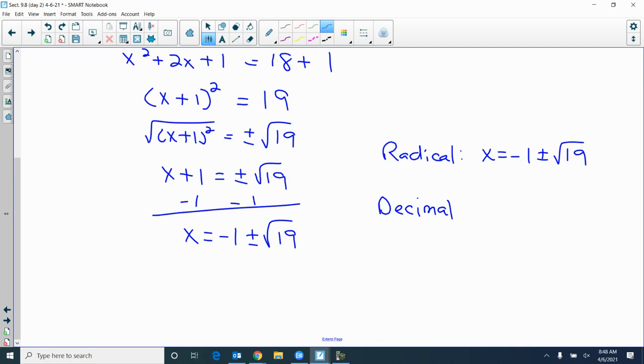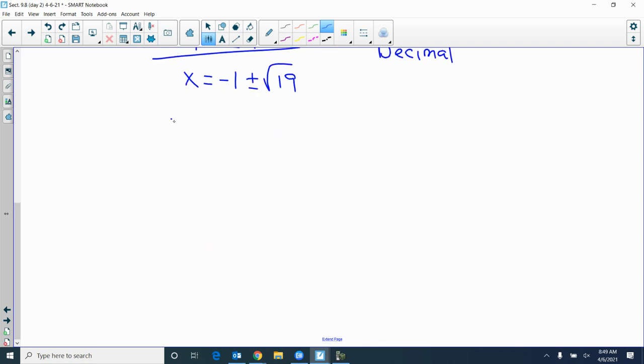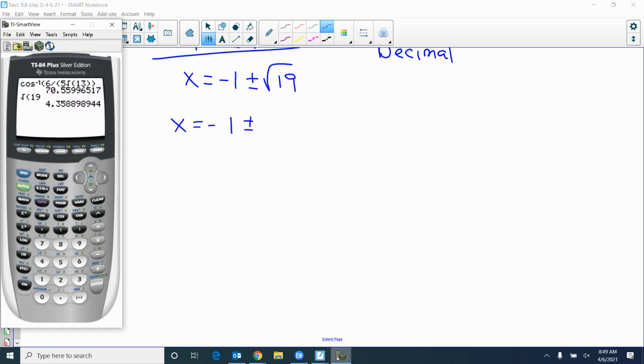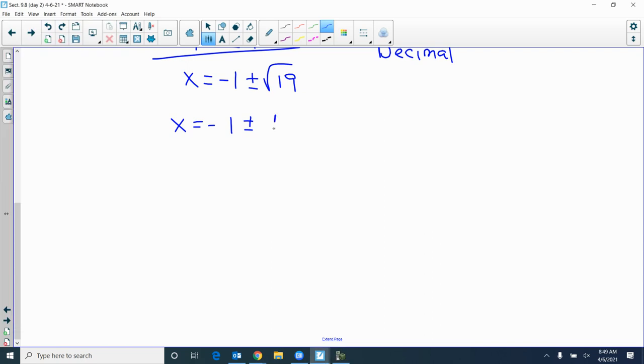Now, what's the decimal answer? Here's where you go to your calculator, hit the square root of 19, and write down that it is plus or minus 4.36. We're going to go to the nearest hundredth. What are my two answers?